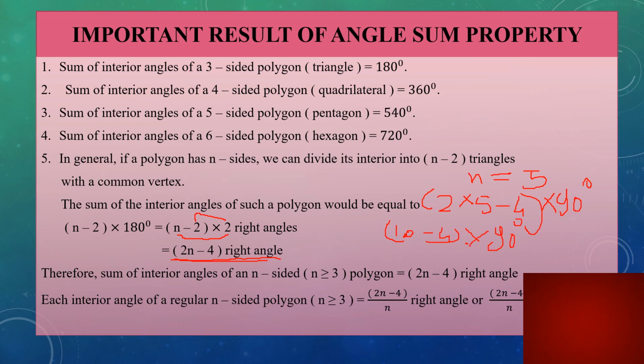And 10 minus 4 is 6, and 6 into 90 degrees is 540 degrees. So the sum of the interior angles of 5 sides, which means a pentagon, is 540 degrees. So this is the formula to find the sum of interior angles of a polygon.